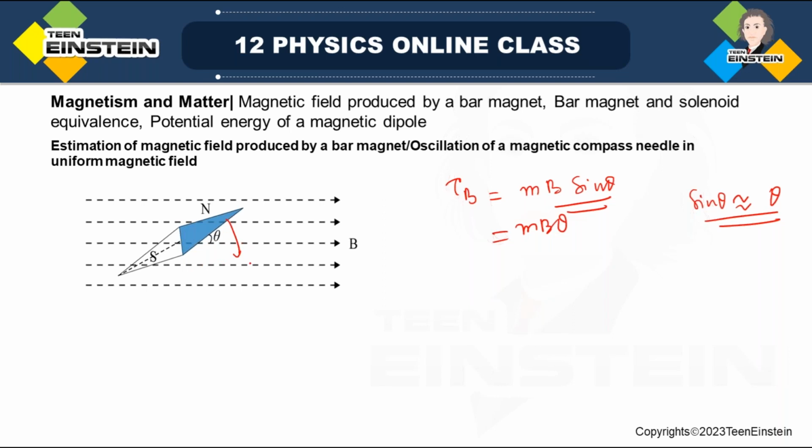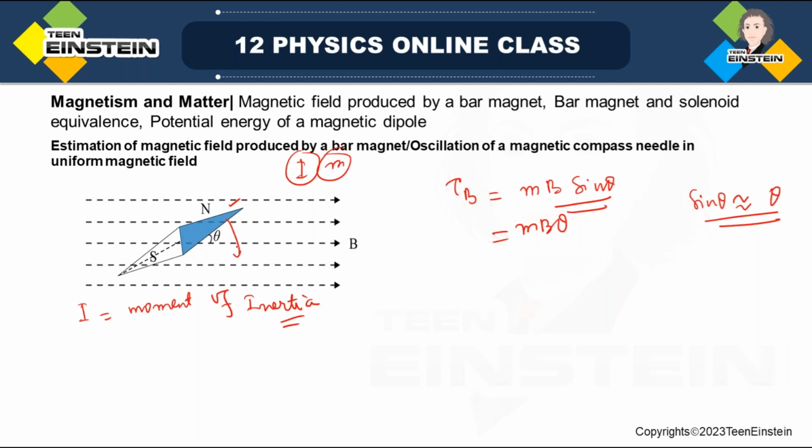And you know why that happens? That happens because suppose there is a dipole moment of this, and the mass of this is m, and I is the moment of inertia. Since the compass needle is a rigid body, this is the moment of inertia.